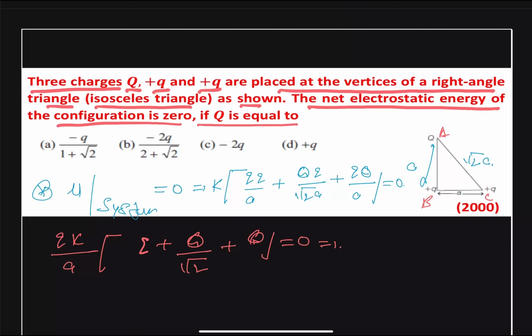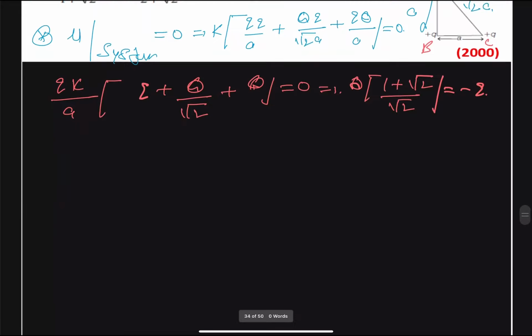So this gives us that q, let us take the LCM, comes as Q times 1 plus square root of 2 divided by square root of 2 is equal to minus q, and this gives us that our capital Q will be equal to minus square root of 2 q divided by 1 plus square root of 2, and divide and multiply by square root of 2.